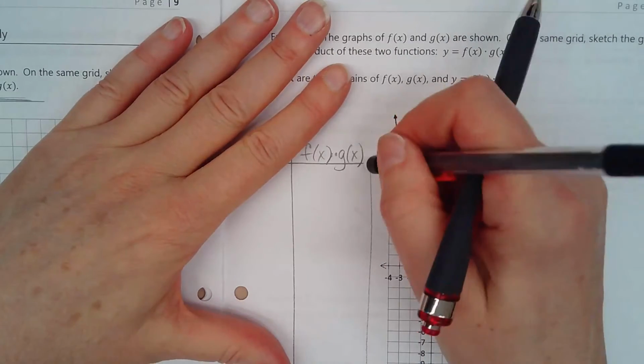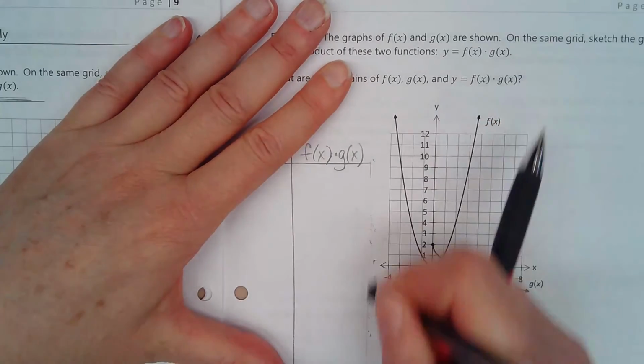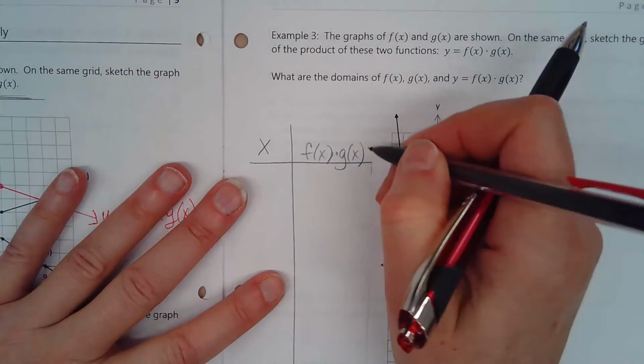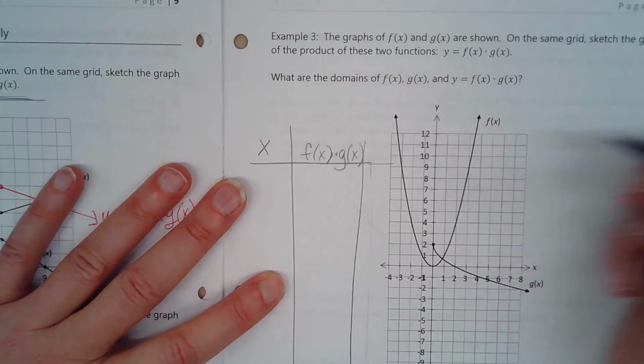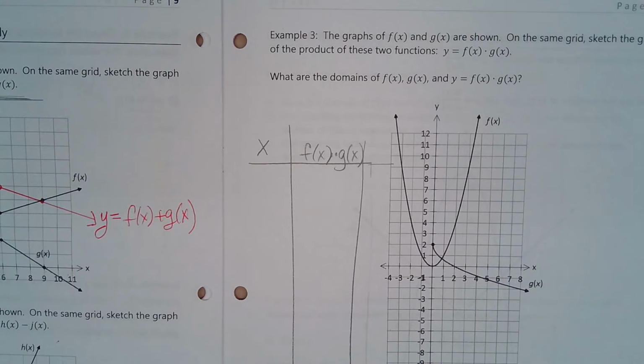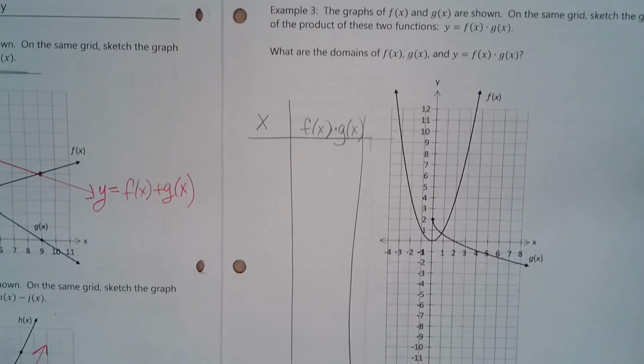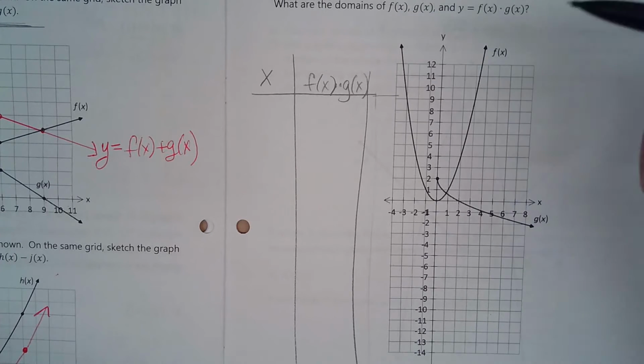Tell me what points you want to use. They have to be, I guess, right as we've known, fairly easy to read. So, what's interesting about this combination of graphs? What's interesting about F and G?